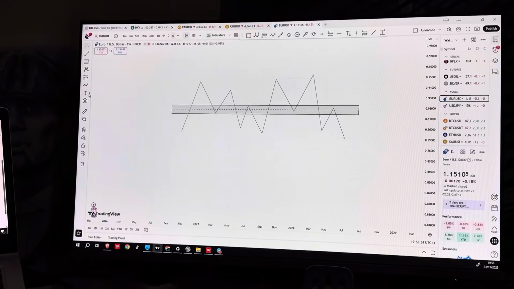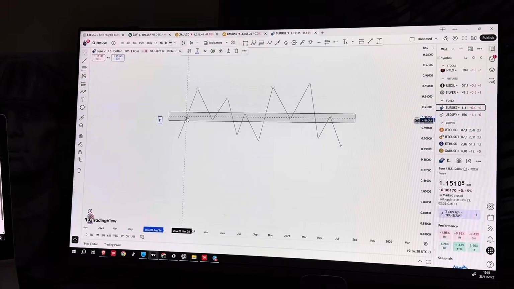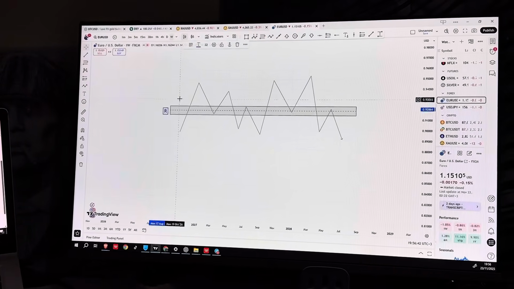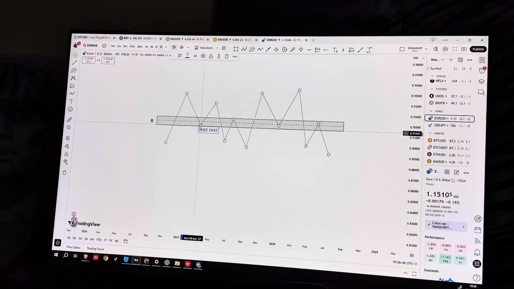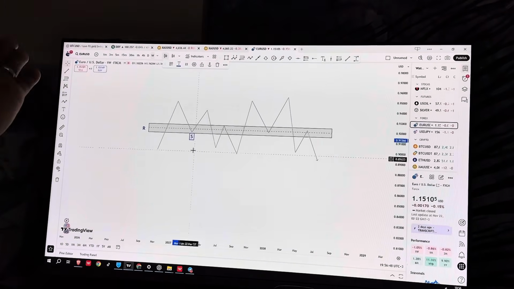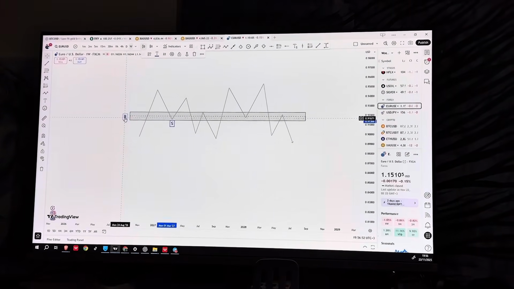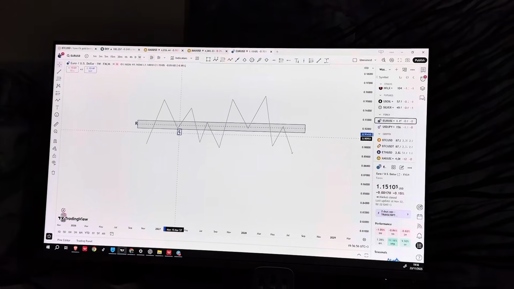Assume this place here was your resistance. When markets break a resistance, the other point remains your support. You must understand: support we buy, resistance we sell. For example, this was your resistance. Your market broke your resistance, came here and formed a support.